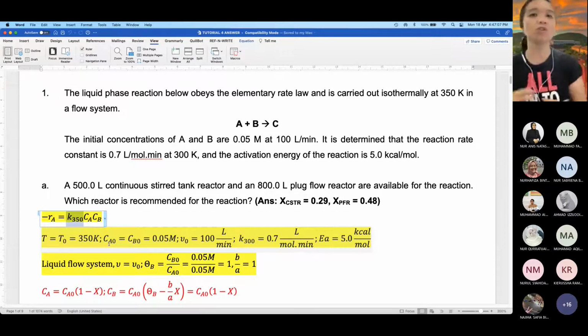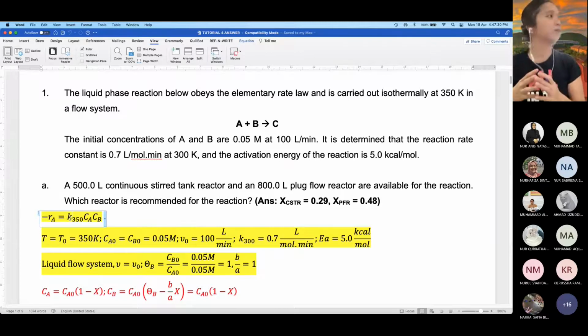To ensure you don't have this confusion, it is highly recommended to write it like this, k subscript 350, so that it tells you that when we do the calculation later, the value of k must be at 350. Any value of k at any other temperature cannot be used to calculate the rate law.